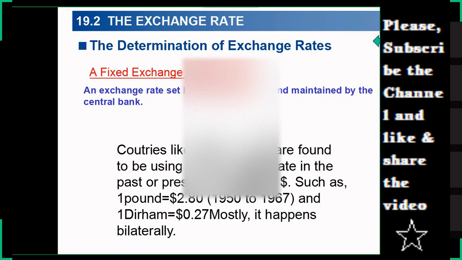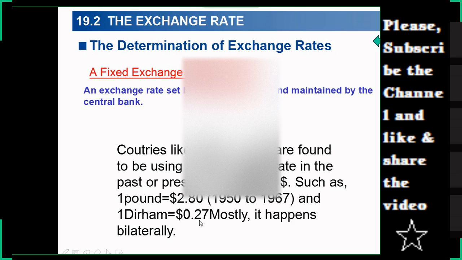But we have one country, UAE, which is still practicing the fixed exchange rate system. Okay. Now in case of UAE, 1 dirham is equal to $0.27. So what we see is that UAE has been practicing this rate.